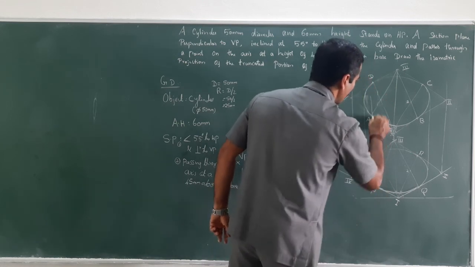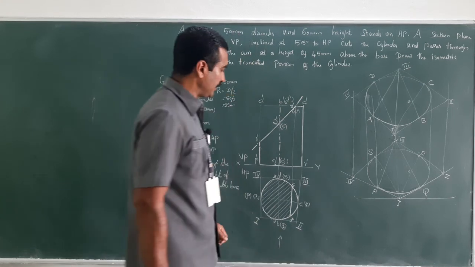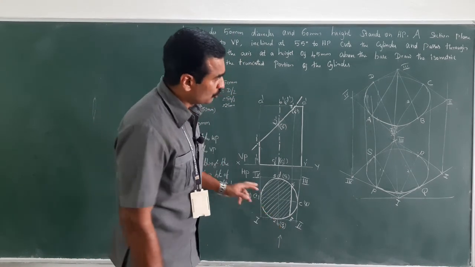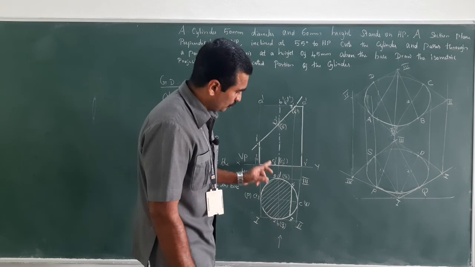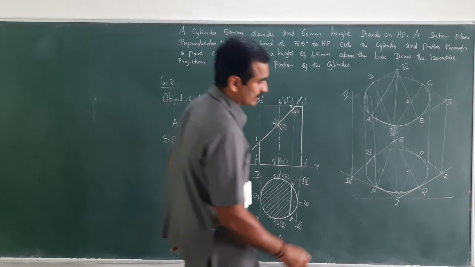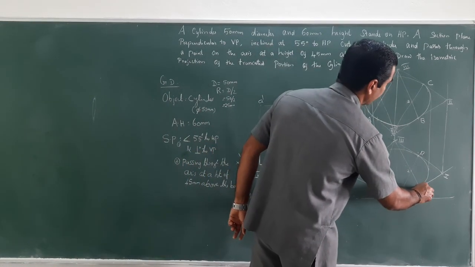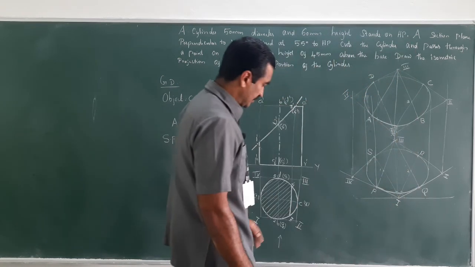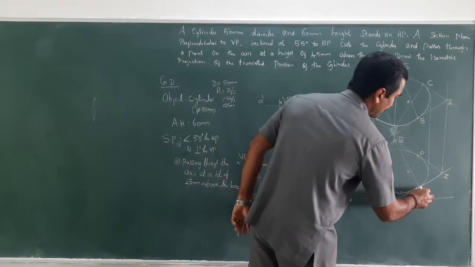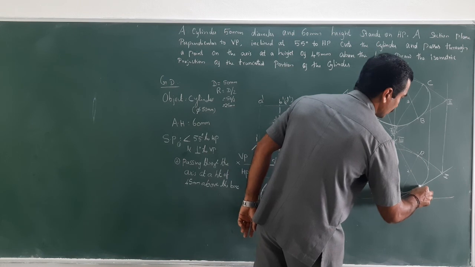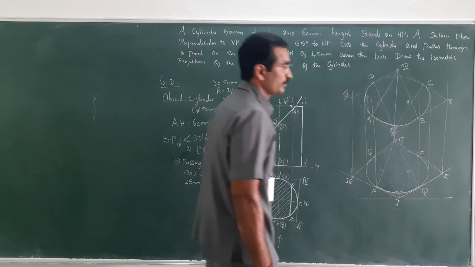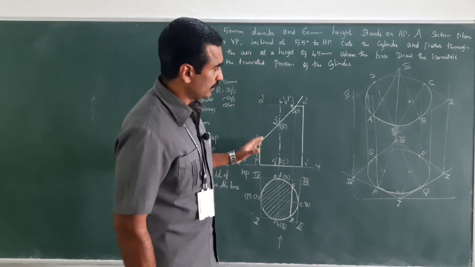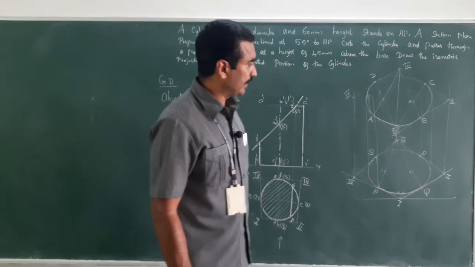Next, Q is here, so B to D or Q to S. Here Q is there, so draw a vertical line, BQ, passing through B. Fine. Right. So, now I have drawn a line there.